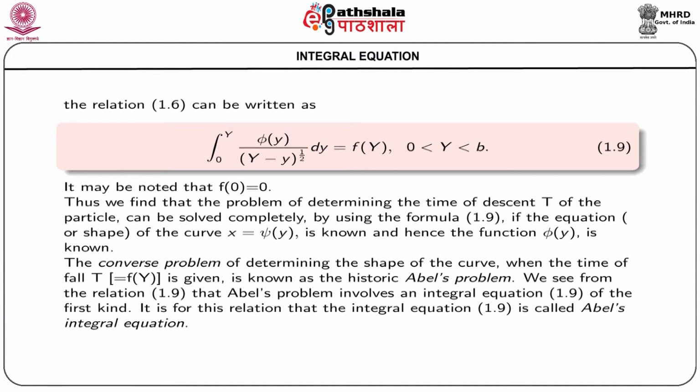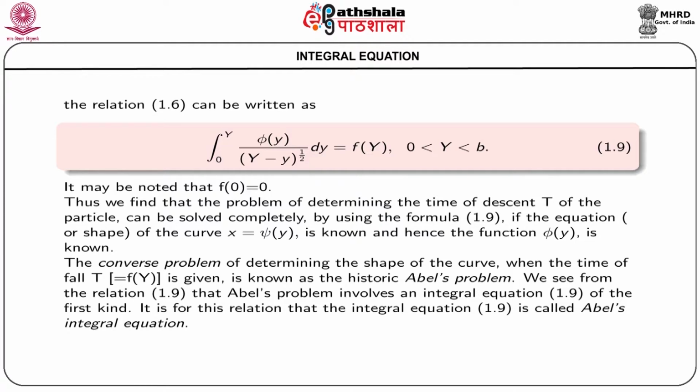In equation 1.9, we may note that f of 0 is equal to 0. So, we find that the problem of determining the time of descent capital T, that is f of capital Y of the particle, can be known by using the formula 1.9 if phi y is known.